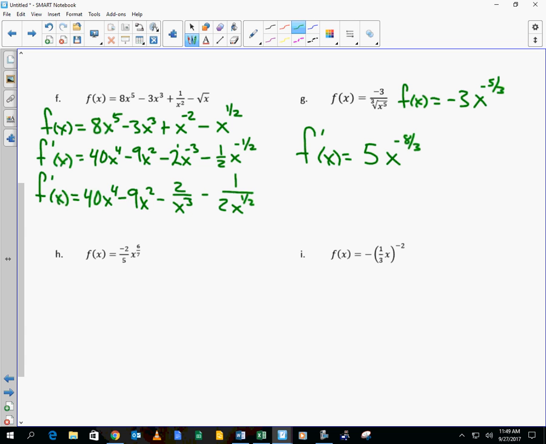Okay, -3 times -5 is 15, divided by 3 is 5. Multiplied by -5/3. So I have the exponent, and I'm subtracting 1. So -5/3 minus 1 is -8/3. And -5/3 minus 3/3. We better?